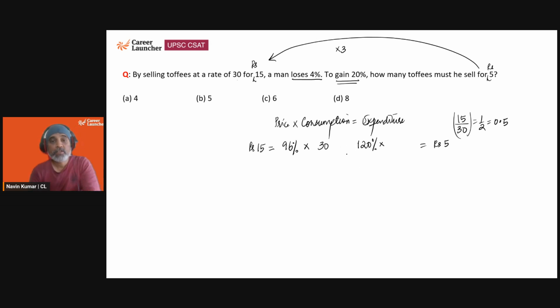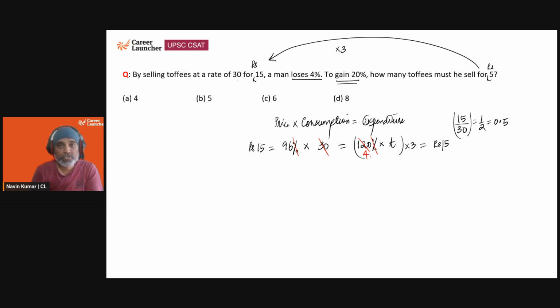So basically, what we need to do is we need to triple it so that this also becomes 15, and now we can equate it. How many toffees we are supposed to buy? Let's say we have no idea. Now, in order to solve this, the first thing that will cancel out is going to be the symbol percentage. Then 30 into 4 is 120.